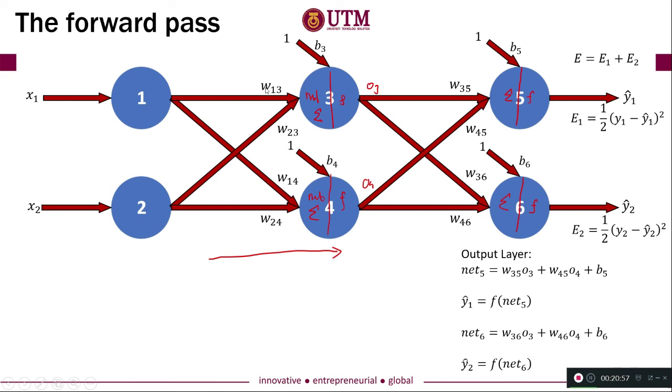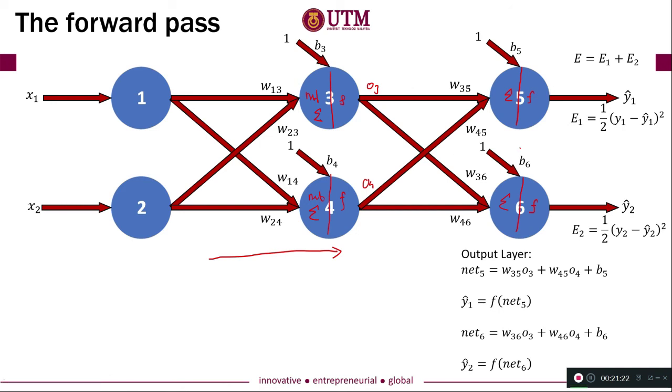So you also know the value of each and every W and B inside the network. Once you know the X and the W, you know how to compute your O3, net 4, O4, and then from these values going in that direction, because you know your W and B, you know how to compute your O.